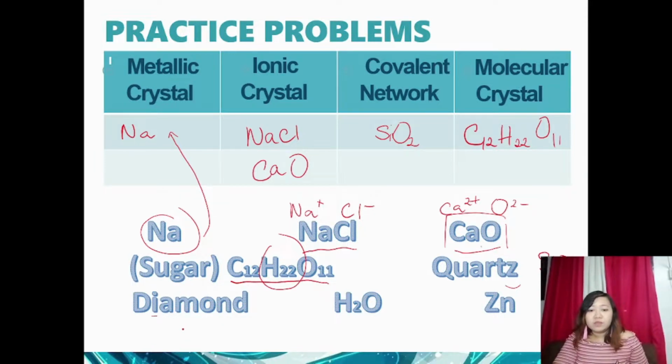Diamonds are composed of several carbon atoms. It is a network of carbon atoms in a crystalline lattice. Therefore, it is classified as a covalent network crystal.